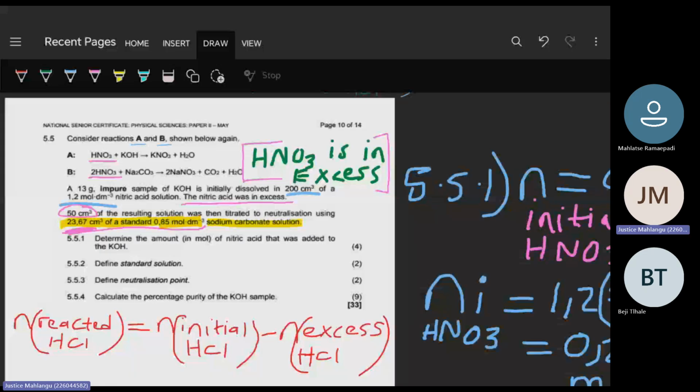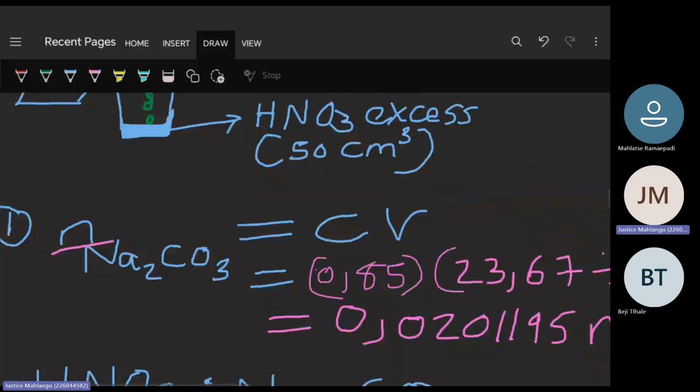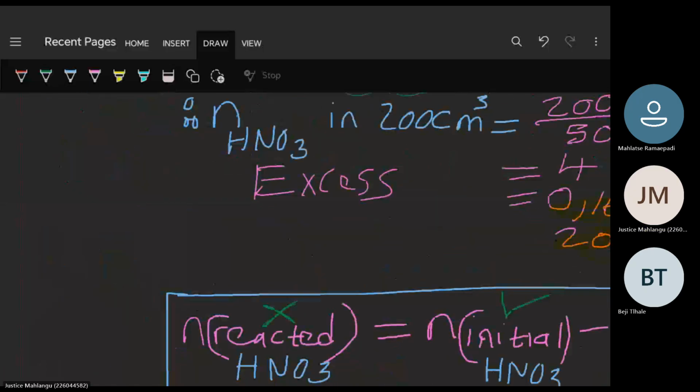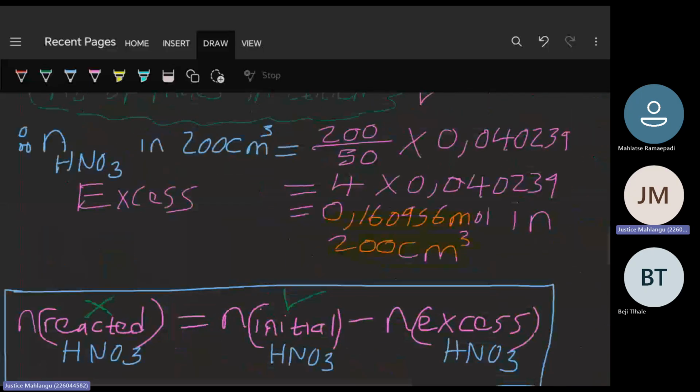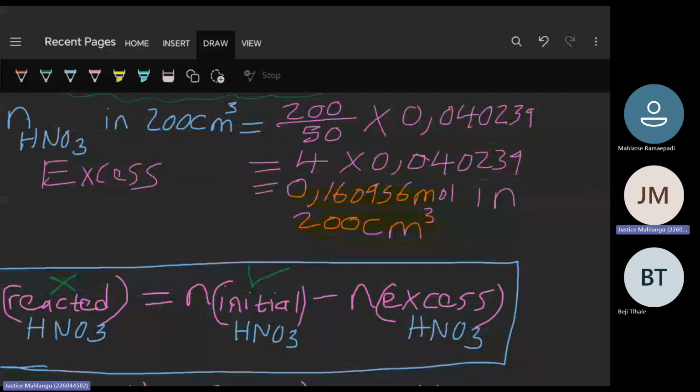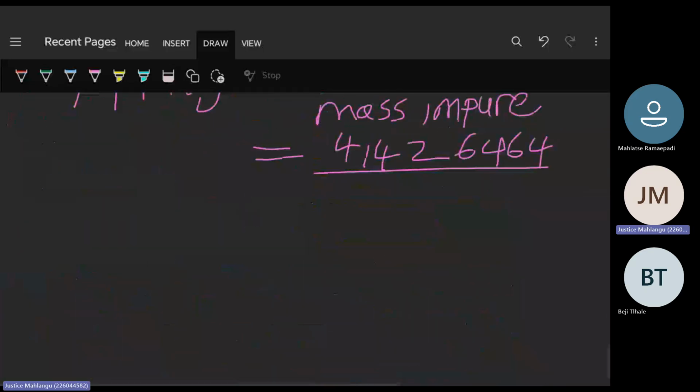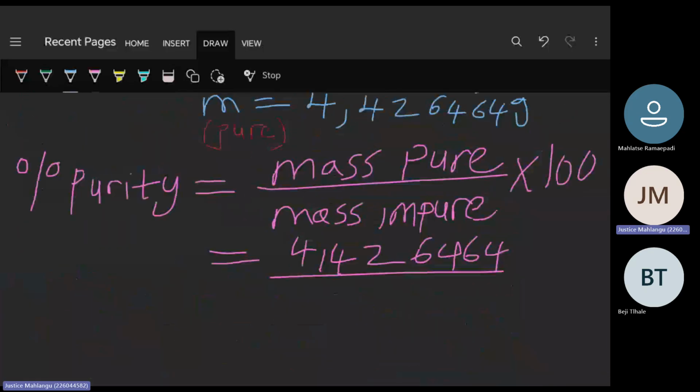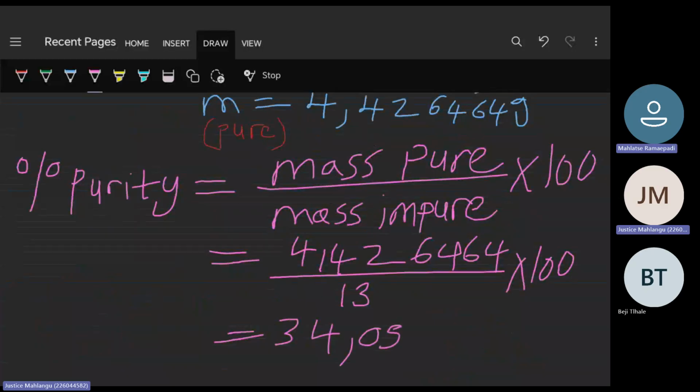I find these calculations very interesting because the steps are the same. So what is this here? 13 times 100. What is that, guys, if I multiply? I think I'm getting 34,05%.